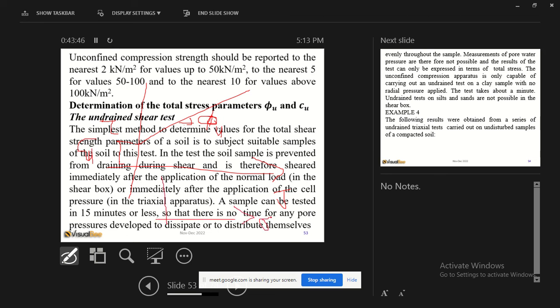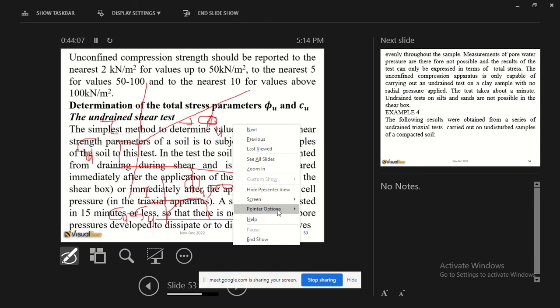So if you draw sigma and shear, and you just have this from the UU test, in this condition this is also Cu or Su, but in this case phi u is assumed to be 0. These conditions are different. Please note that.